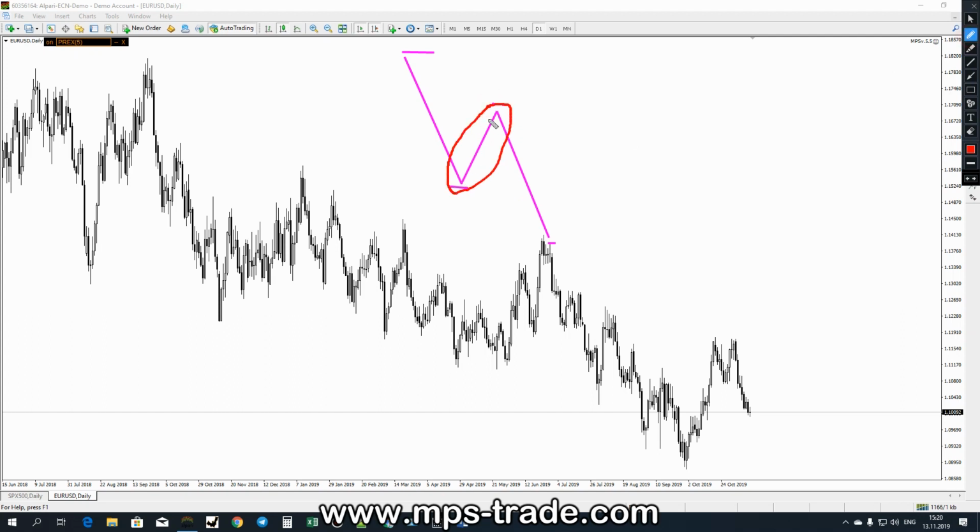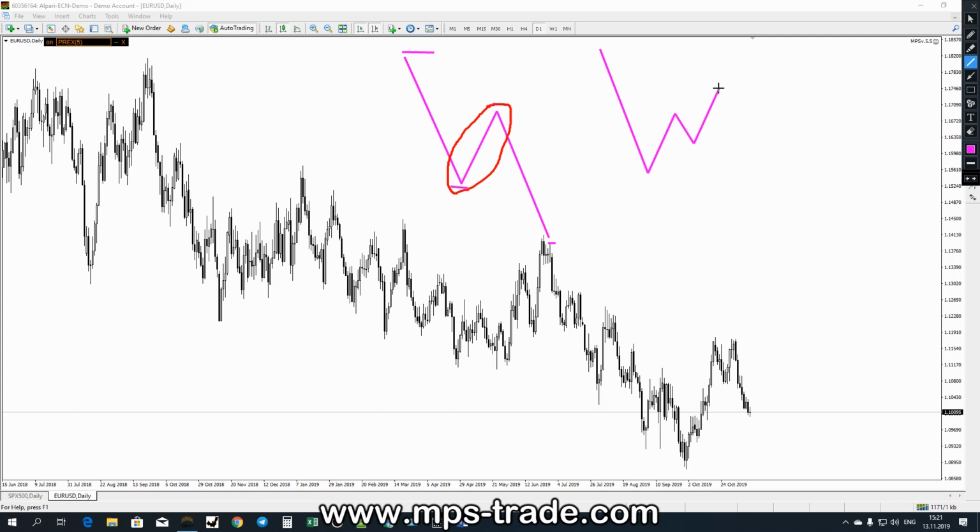In many cases it is not straight. Actually, only 1/3 of all pullbacks are straight. Other 2/3 are complex pullbacks. So what are complex pullbacks? There are two types of complex pullbacks. One of them is a pullback that actually exceeds its initial movement.